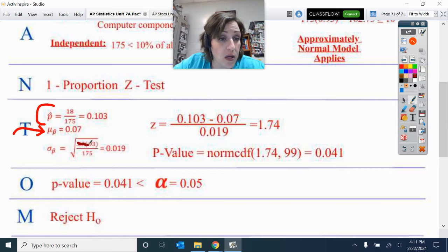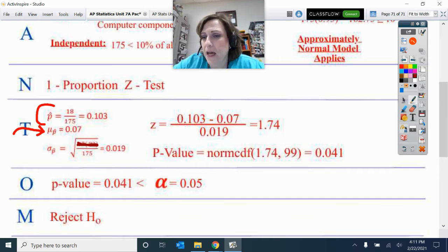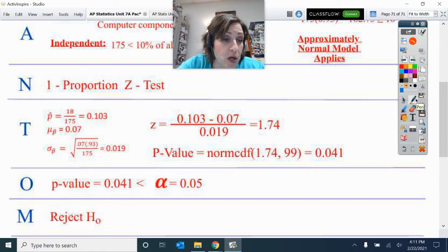This is wrong because look at what I did. Oh, no, I didn't. I did it right. Okay, phew. So I was concerned. I thought at first I put the wrong numbers in here because I want to make sure that's the P and the 1 minus P, not P hat. So it is. I put the true P in there.